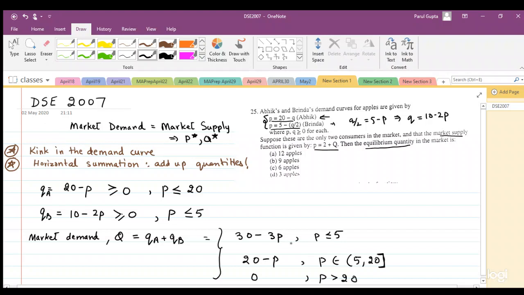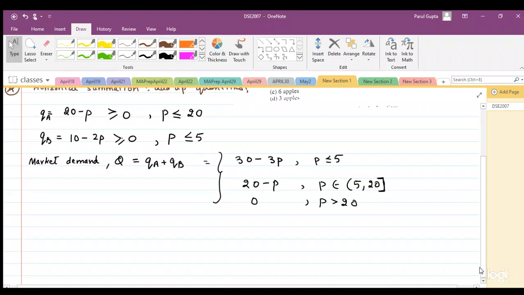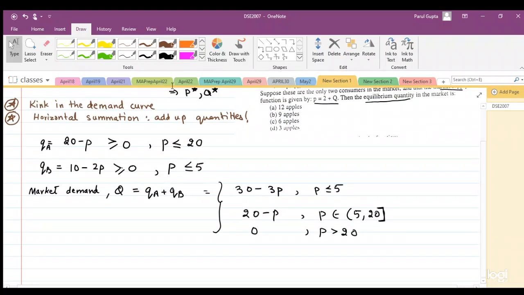Once we have the market demand curve, we have to equate it to the market supply to find the equilibrium quantity and price. Because there is a jump in the market demand, because these are two different equations, there is a kink in the market demand curve, and we will have to check for a possible intersection in each of the segments of this market demand curve.